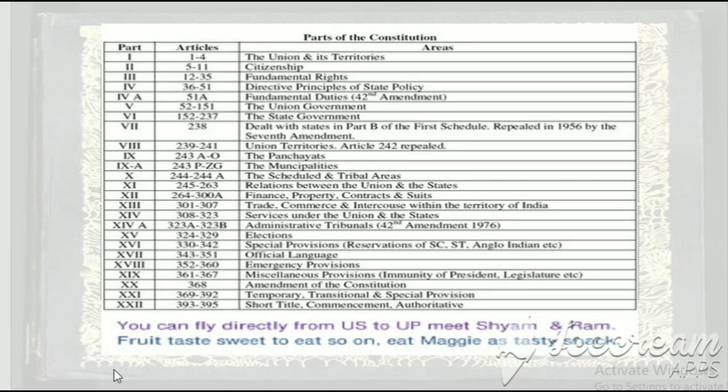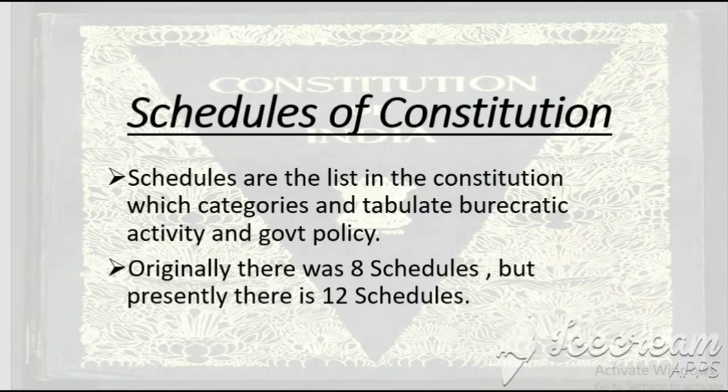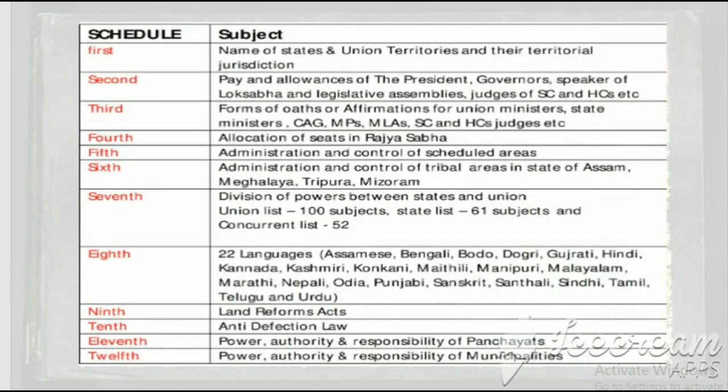Now let's move to the next topic, the schedules of the constitution. Schedules are the lists in the constitution which categorize and tabulate bureaucratic activity and government policy. Originally, when the constitution was framed, there were 8 schedules, but presently there are 12 schedules. So what are those 12 schedules? It is also asked in the examination. So all the parts and the schedules you have to memorize by heart because they are asked in the examination.